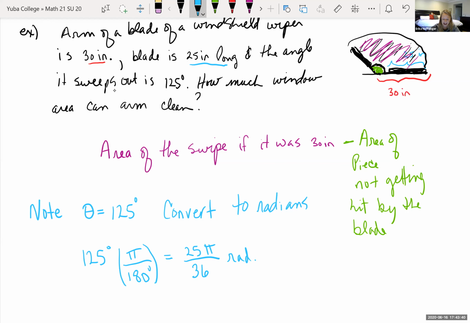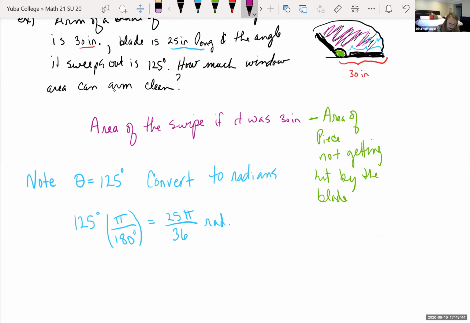So if I want to get the area of the bigger piece, the whole area, so this one, right, is 1/2 times the radius, which we're given is 30 inches, times 1/2 pi r squared.